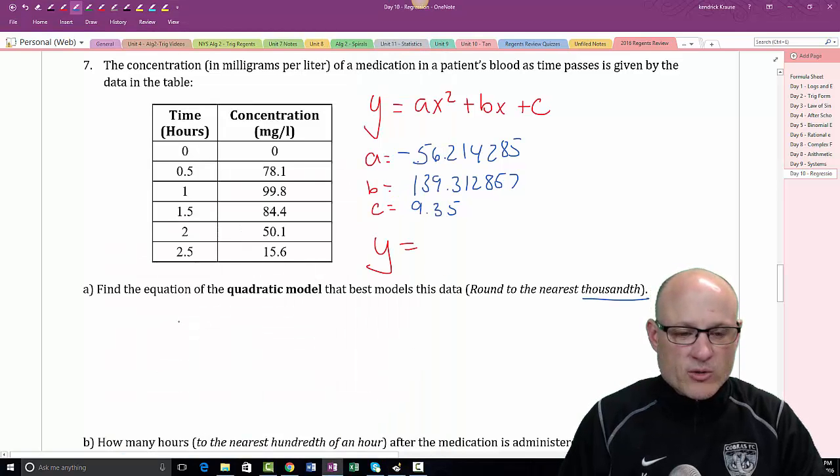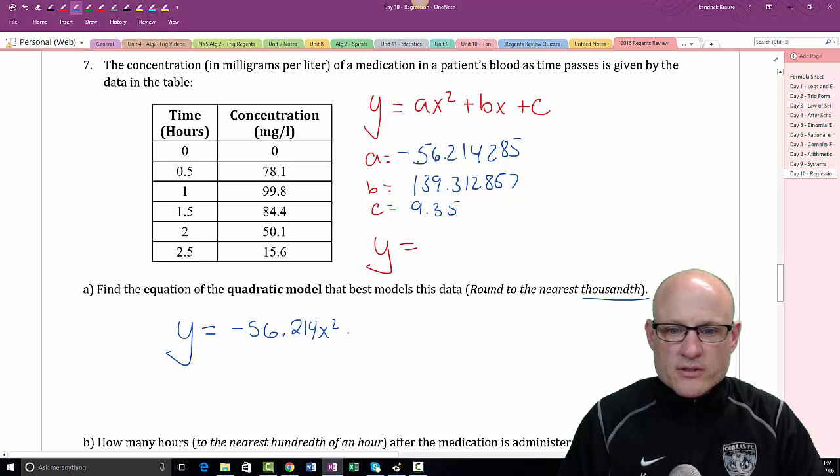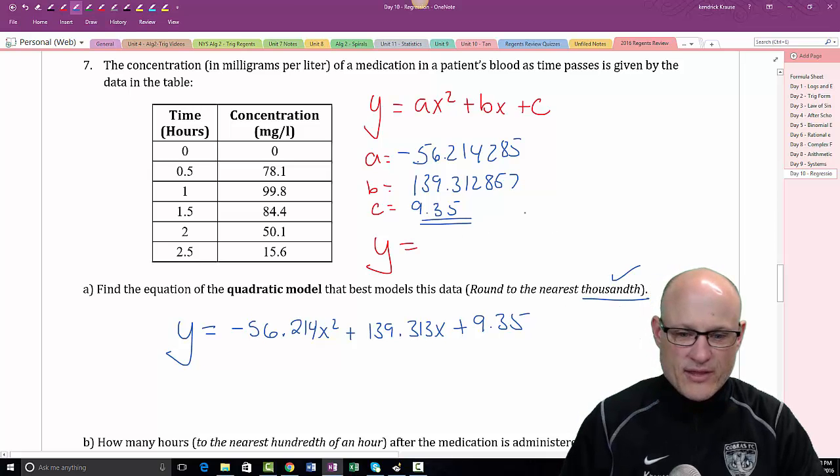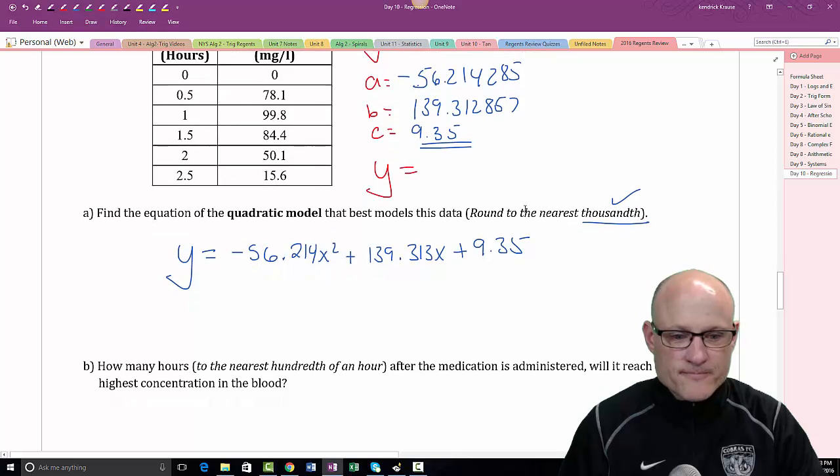So the equation is going to be y equals negative 56.214x squared plus 139.313x plus 9.35. Now, this is rounded to the nearest thousandths, but this only gave us hundredths, and you really can't put that thousandths in there. I guess you could put a 0 in there.